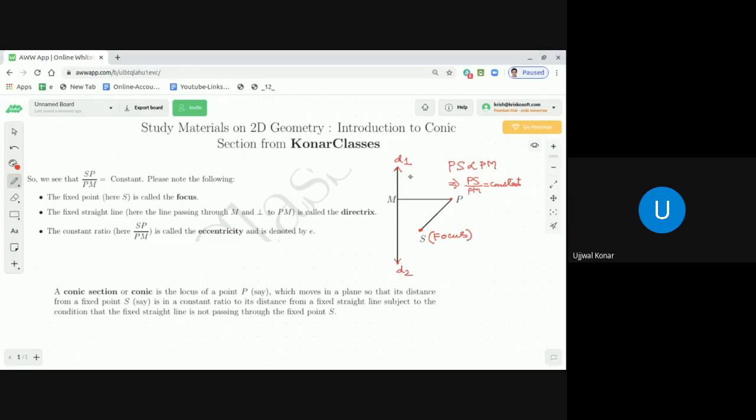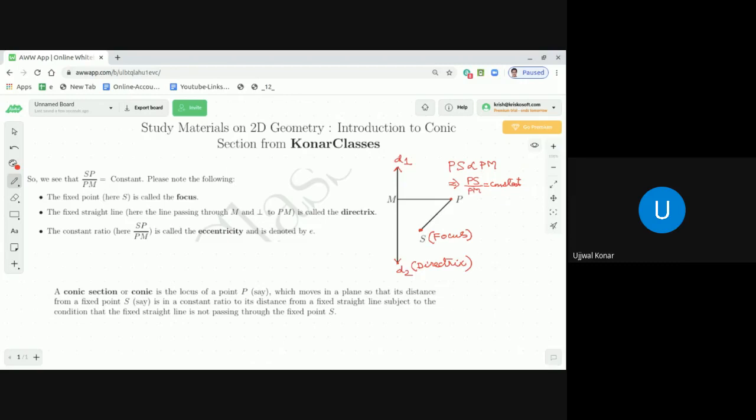And that fixed straight line, that is D1 D2, is known as the directrix. So let me write it here. Directrix, correct? Now the constant ratio SP by PM is known as the eccentricity, and generally it is denoted by E. So dear students, so far we have learned three terminologies.